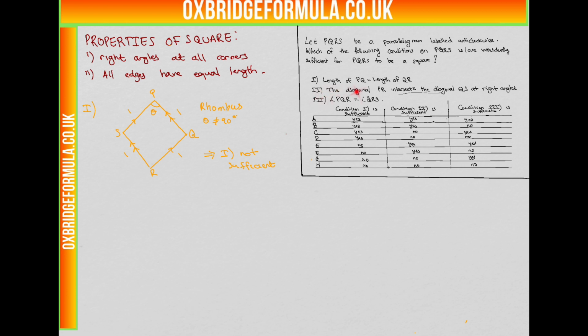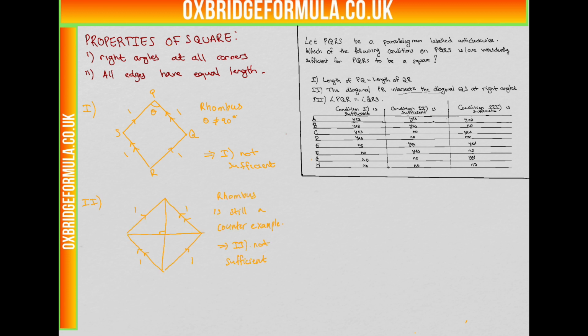Now we look at condition 2. This time we're saying the diagonals, PR and QS, intersect at right angles. If we look at this rhombus, for example, if I draw a line here and a line here, they're going to intersect at right angles. So a rhombus is again a counterexample to condition 2.